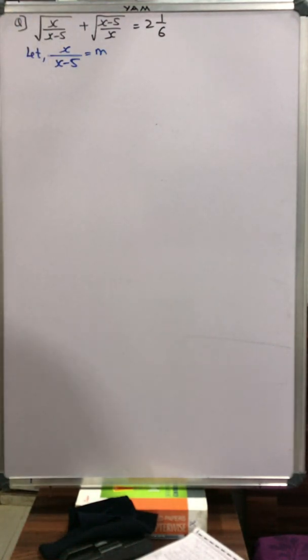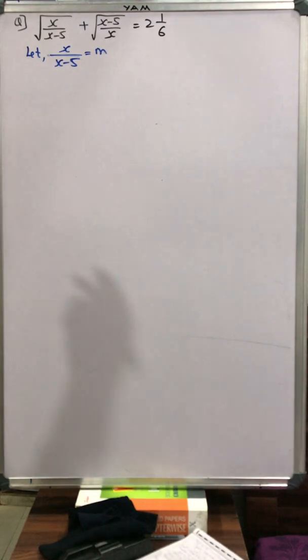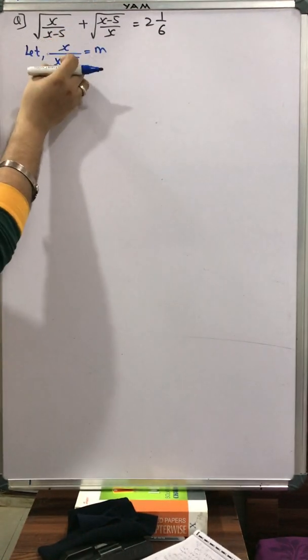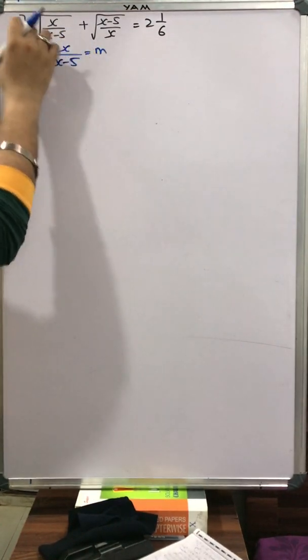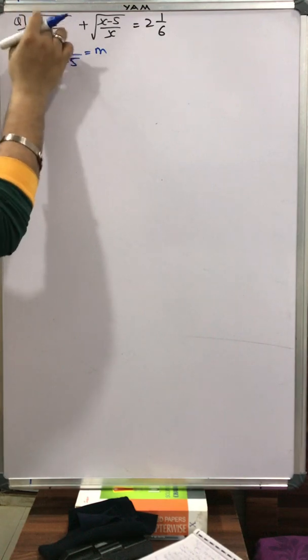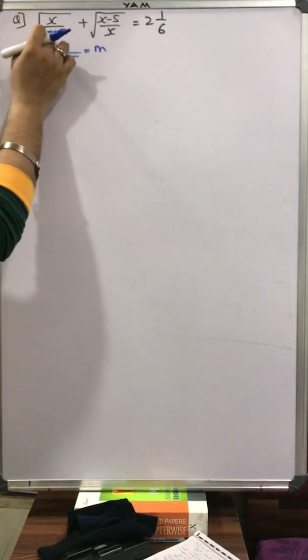Students, can I say we don't like roots. So because we are assuming something, let's be smart enough. If I take x upon x minus 5 as m, then inside the root the value of x upon x minus 5 is m, so it becomes root m.